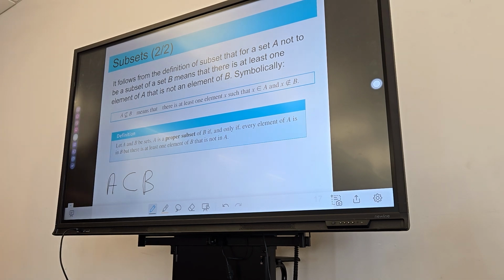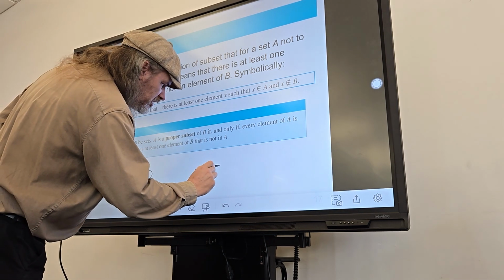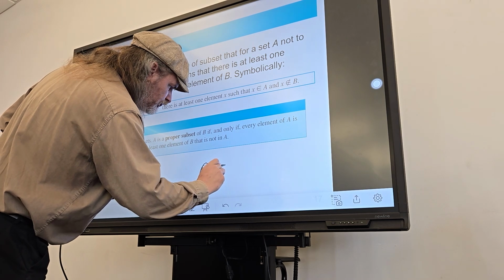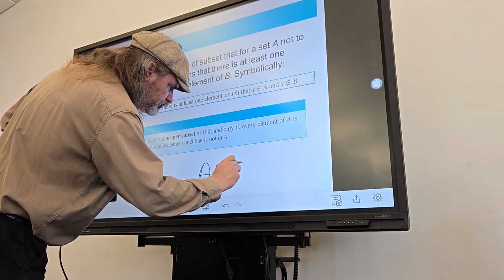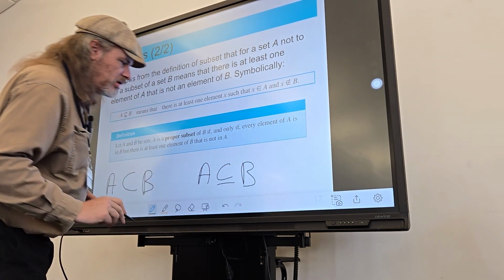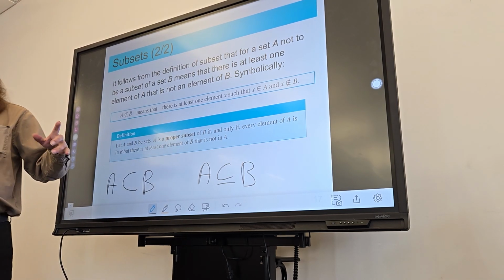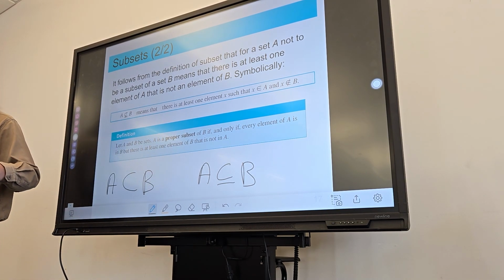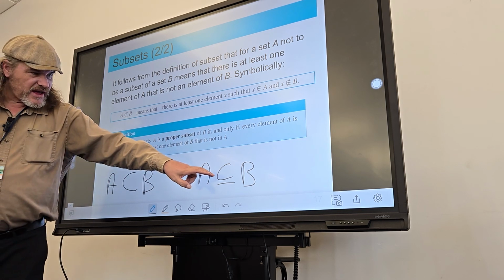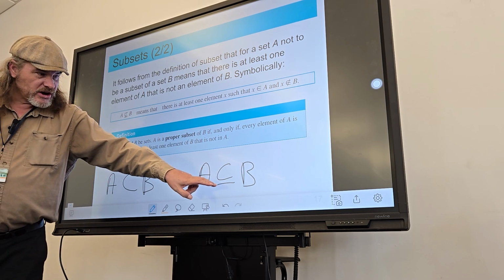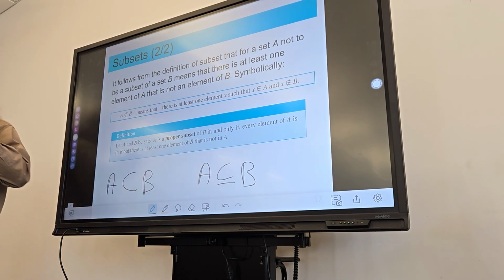Okay? Whereas think of this as like the greater than or equal sign. A is a proper subset or equal to B. So A and B could be the same.